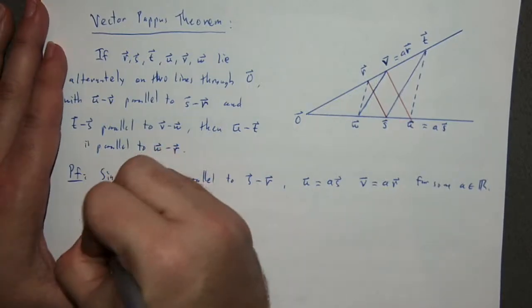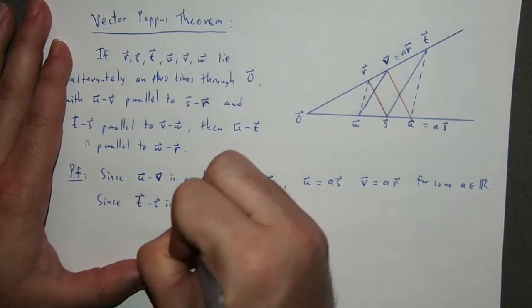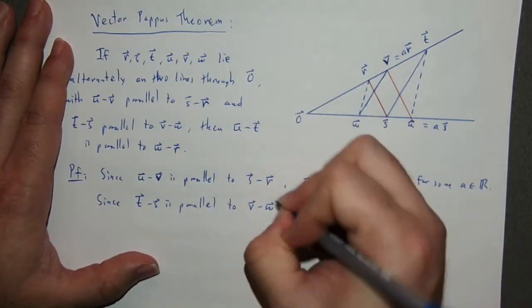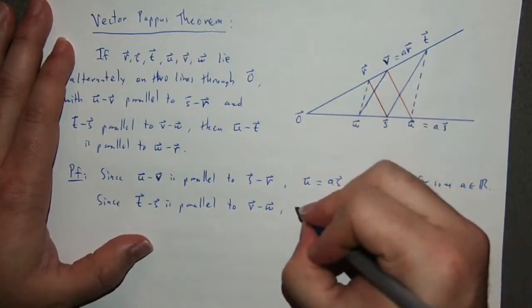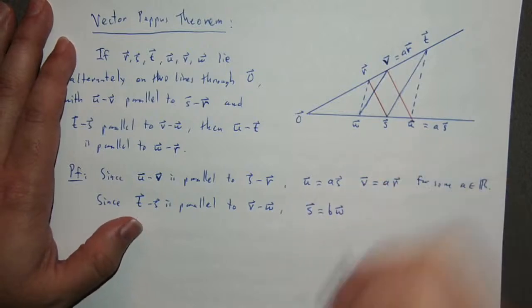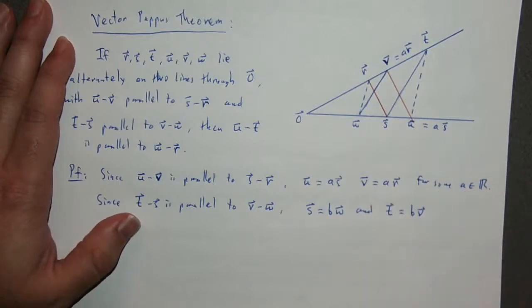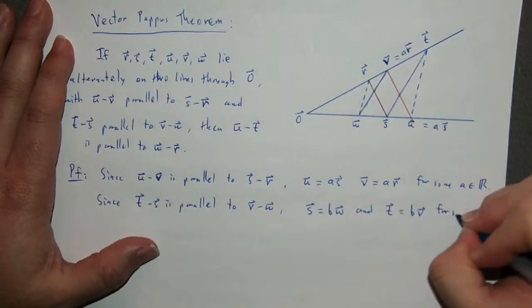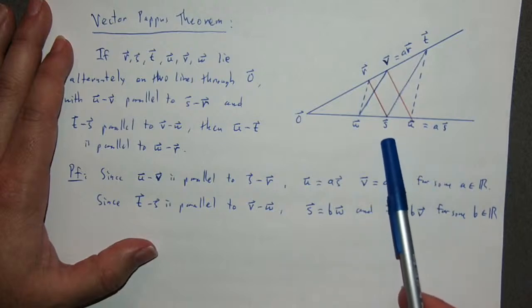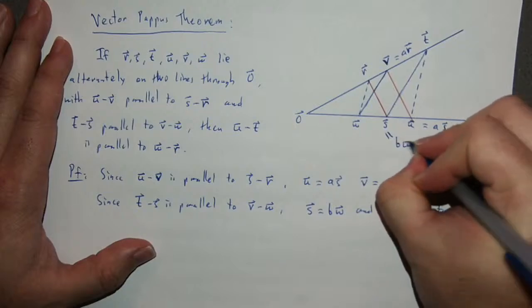Since T minus S is parallel to V minus W, we have similarly S is equal to BW and T is equal to BV, for some B in R. So S can be rewritten as BW.